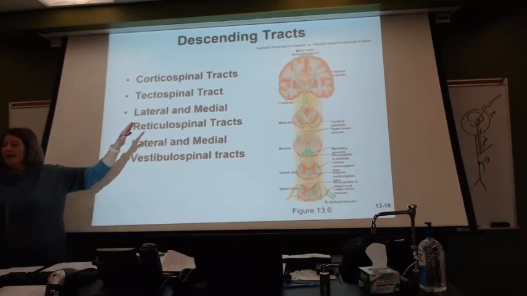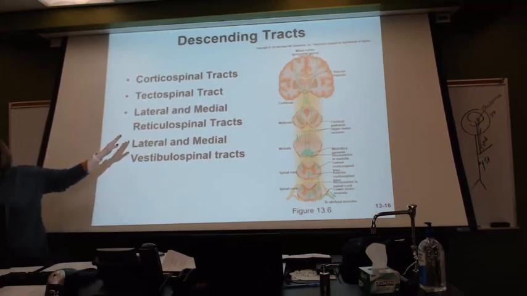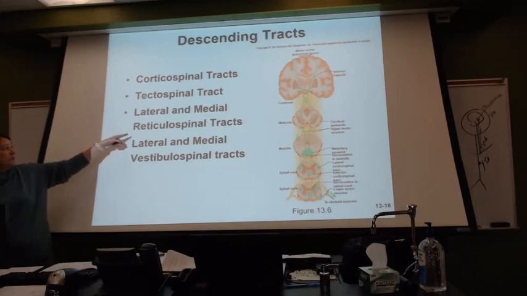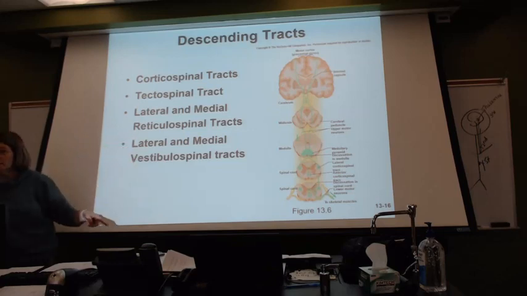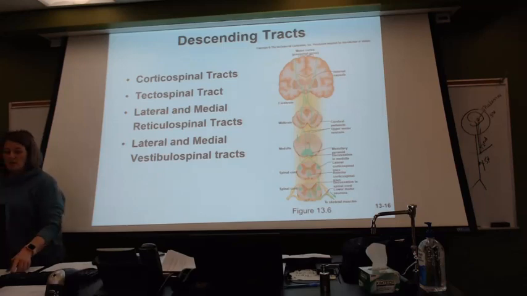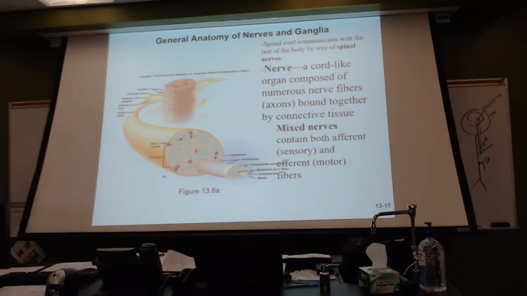So I would not ask you each of these names. I would not give you a test question and say, where is the lateral reticulospinal tract? I wouldn't do that to you. Okay? But as long as you're understanding about the origin and destination, okay, of either something ascending or descending.